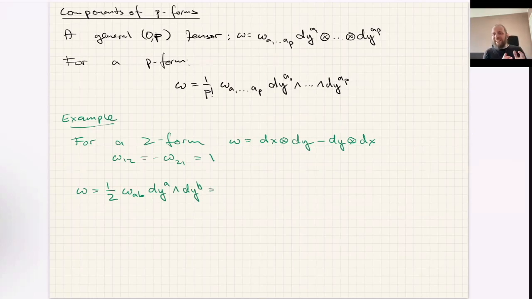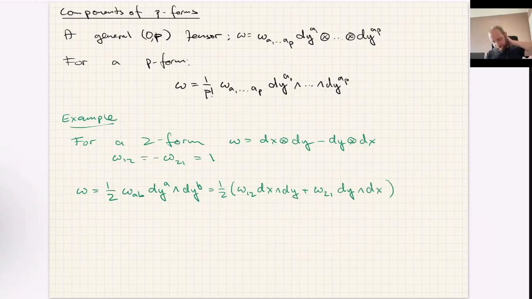The terms when A is equal to B will disappear, simply because this is antisymmetric. So I will have 1 over 2, and then a term when A is 1 and B is 2, so omega 1, 2, where y1 is x and y2 is y, plus omega 2, 1, dy wedge dx.